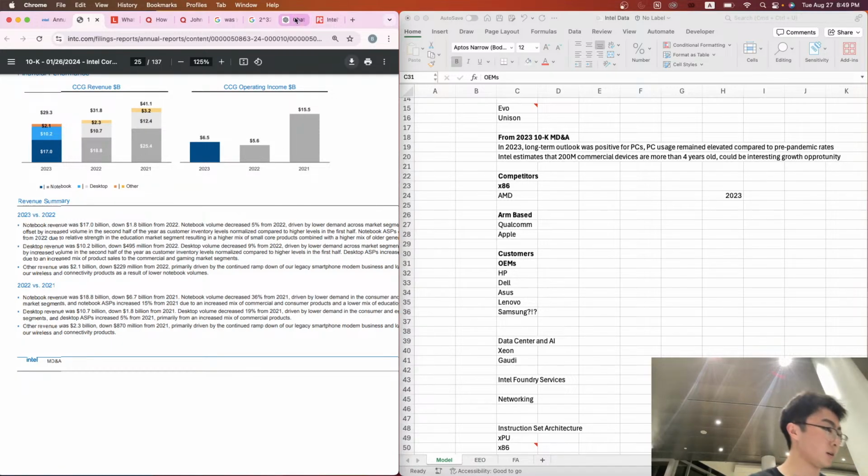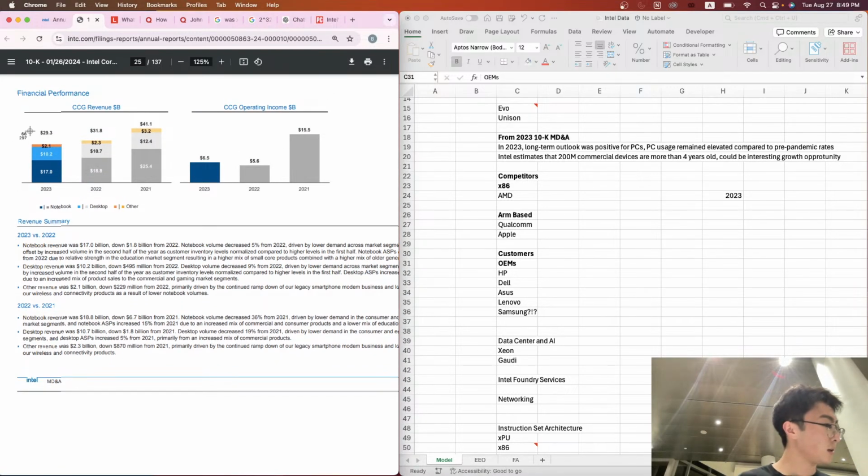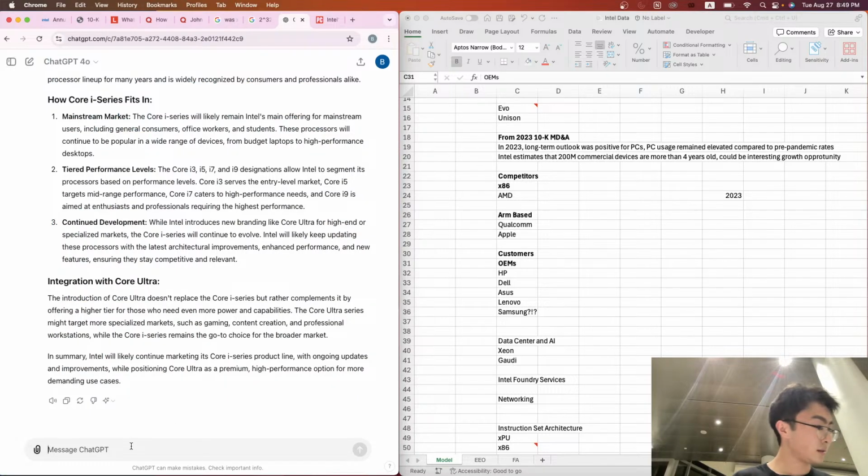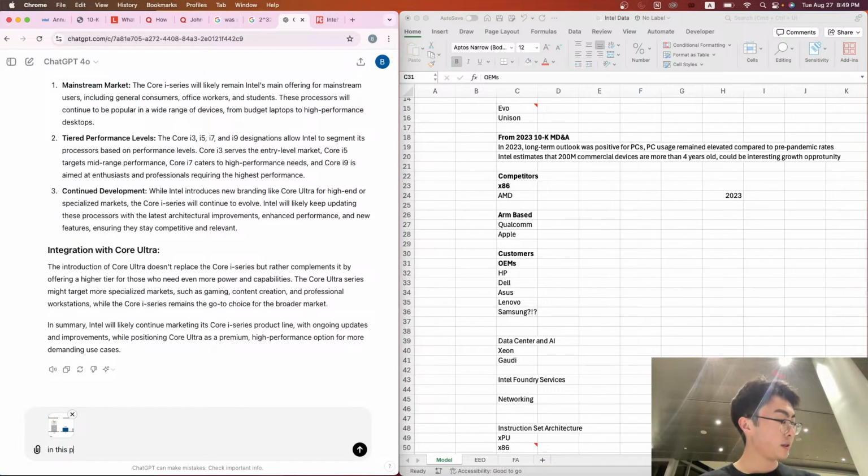Okay, let me see. All right, laptops versus desktops. Notebooks refer to laptops.